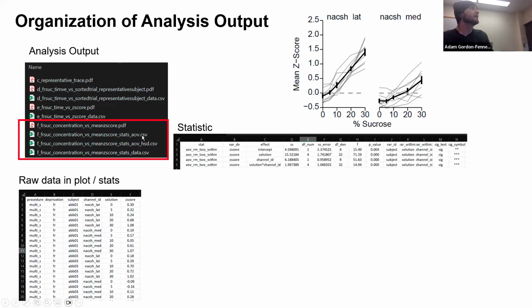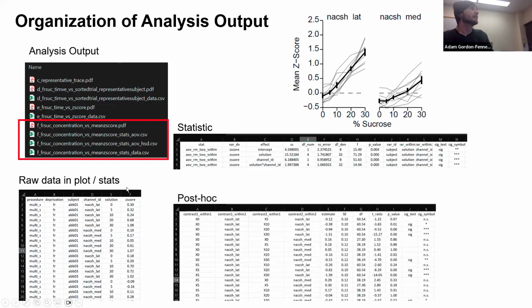But then we also have the statistics that were run on this data set saved next to the figure. This can all be done programmatically, but this goes to the reproducibility question, where if you pull this up later with some stars on it, you want to be able to go back and see what statistics were actually conducted on them and what their direct results were, as well as having access to the raw data in case you want to do some other sort of visualization or analysis on it.